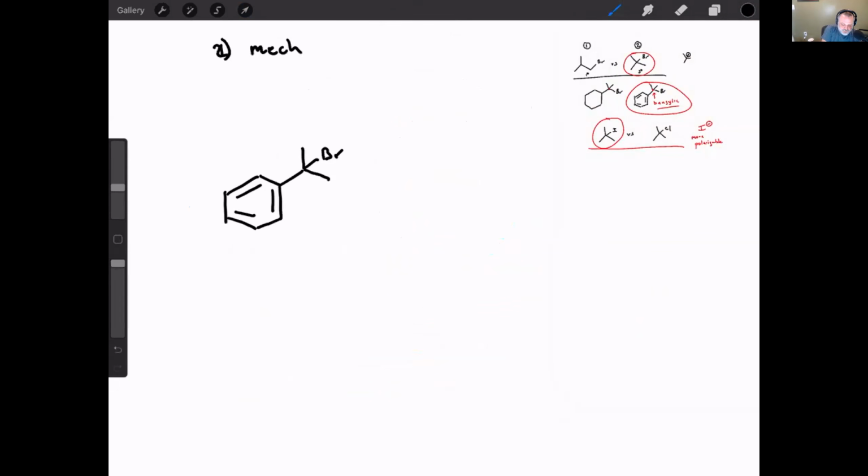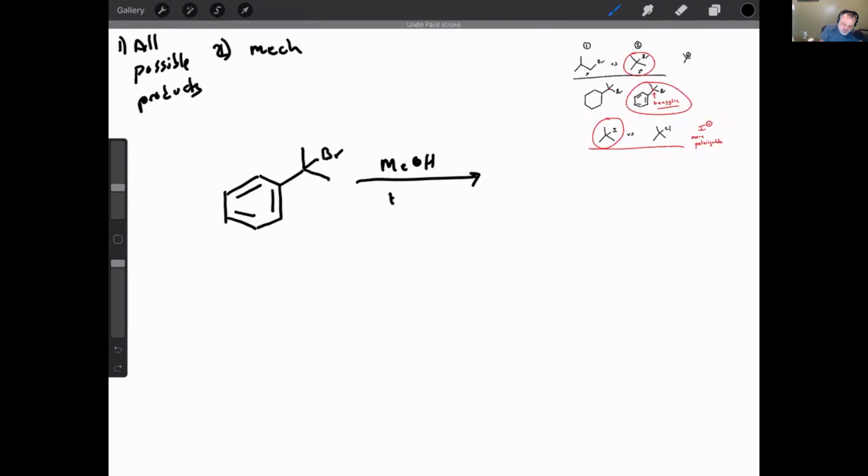Well, this will be number 2, and number 1 will be all possible products. So what are the possible products when I react methanol with this substrate and I heat it up?